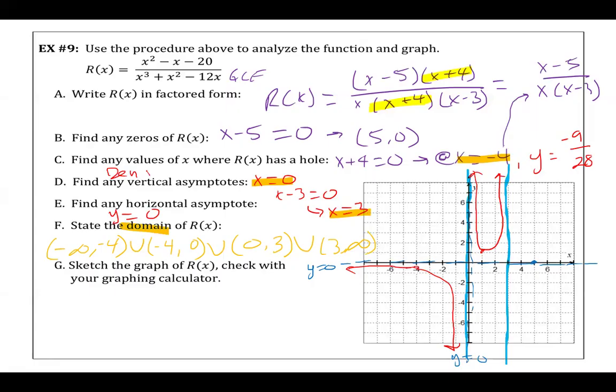And again, you would do the same. Choose a value in this space. So we know that R of 1 equaled 1. Choose another value. R of, forgot that's the no writing zone. R of 4. Evaluate that. I plug in 4. 4 is going to give me 4 minus 5 over 4 times 4 minus 3. That gives me negative 1 over a positive something. 4.